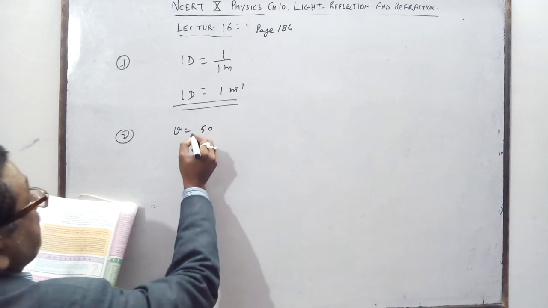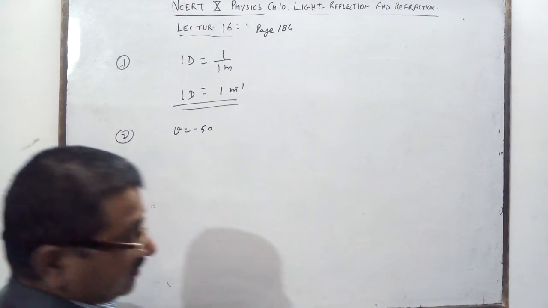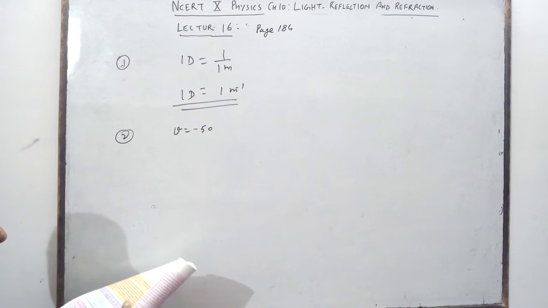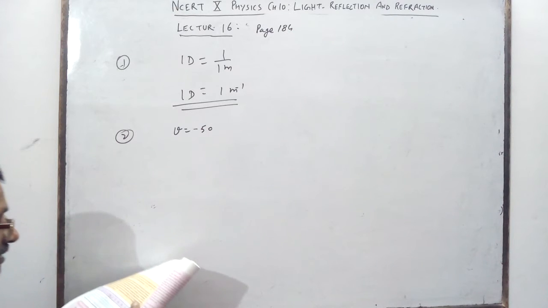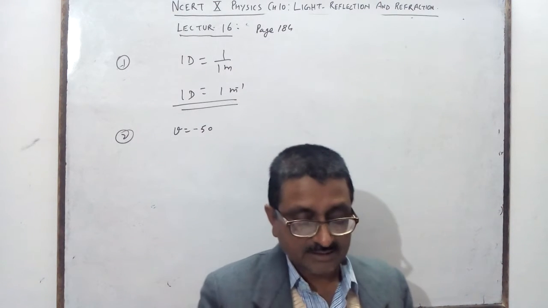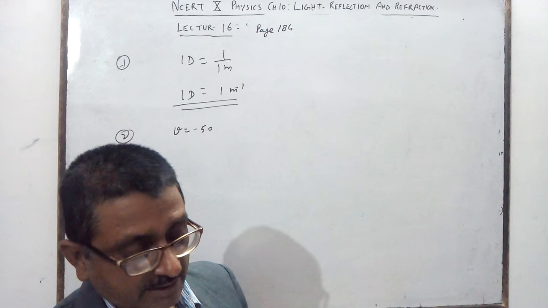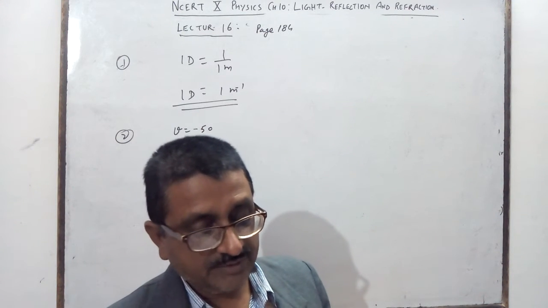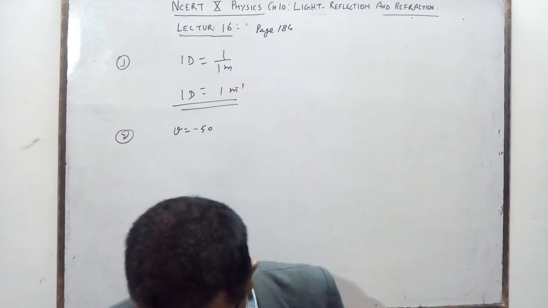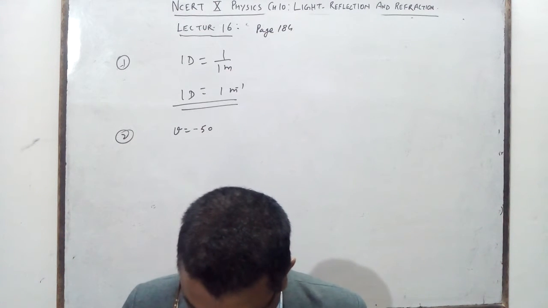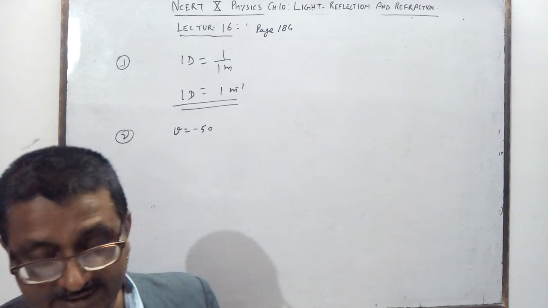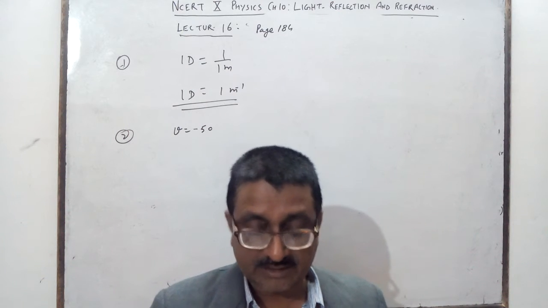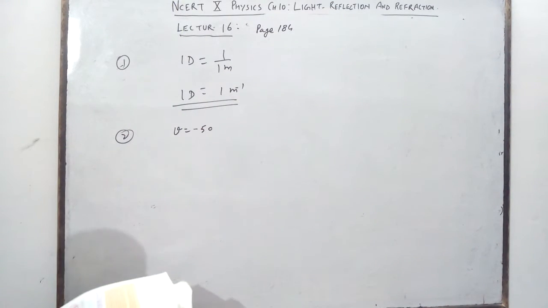A convex lens forming a real image, so V is positive. Where is the needle placed in front of the convex lens if the image is equal to the size of the object? Also find the power of the lens.